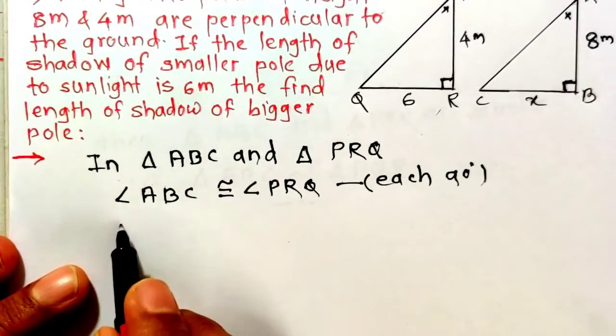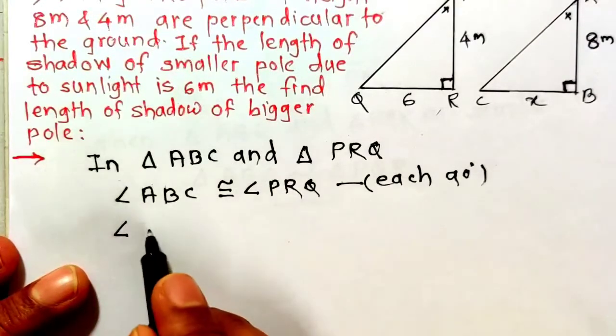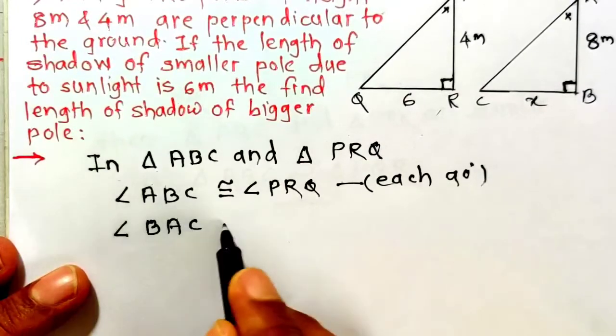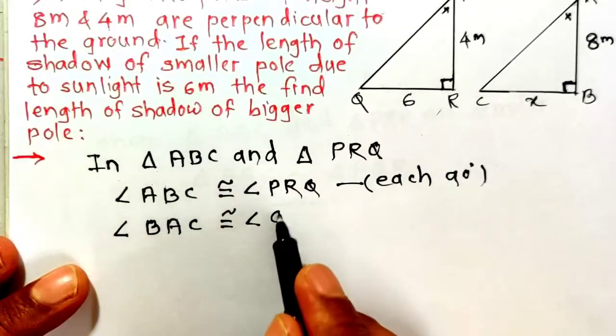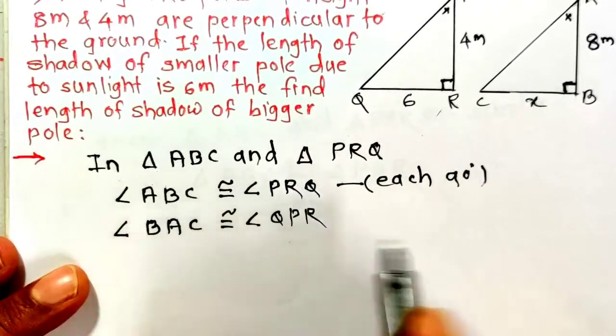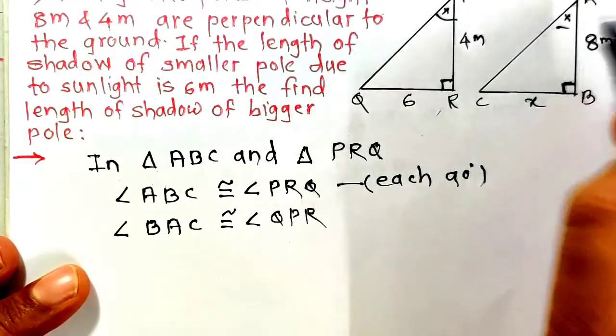Second pair, angle BAC is congruent to angle QPR, this pair of corresponding angles.